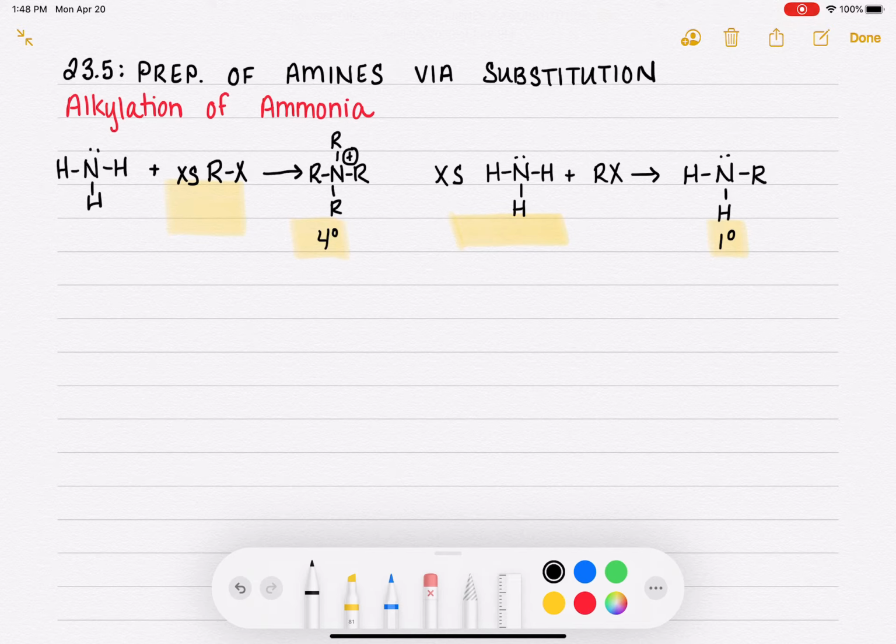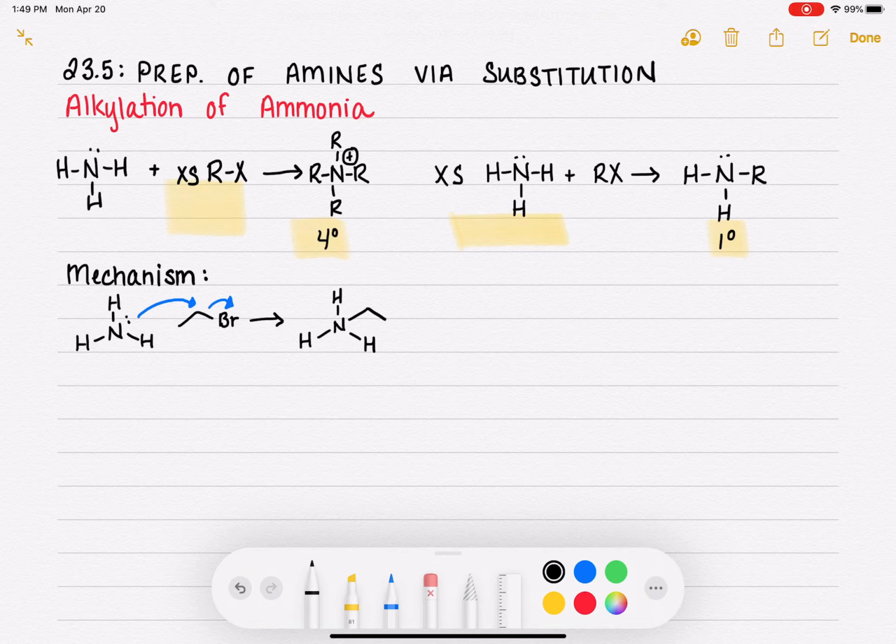Let's look at the mechanism for this reaction because it is a really nice and simple mechanism. And it's one that you'll be drawing on Sapling. And so we do always start with ammonia. And for our alkyl halide, let's just use something that's easy to draw. So let's use just like this bromoethane. And like I said, this is SN2. So the reaction will start by the lone pair of electrons on the nitrogen attacking that carbon with the leaving group and getting rid of the leaving group.